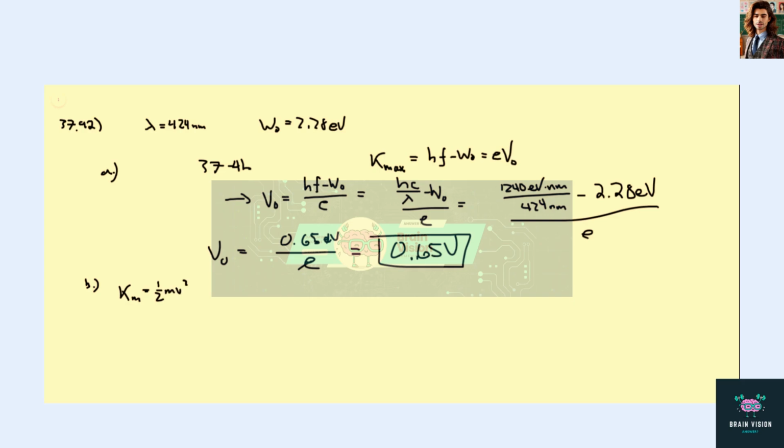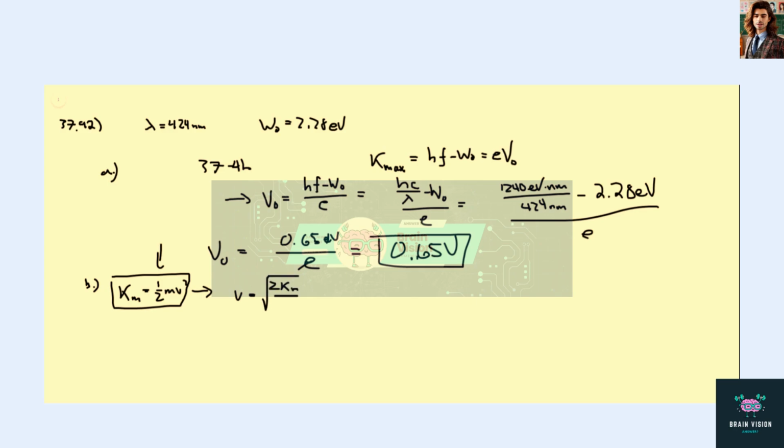As long as the velocity we get out of this is significantly lower than the speed of light, then we can use this classical equation. If it's closer to the speed of light, we're going to have to go back and update this with the relativistic equation.